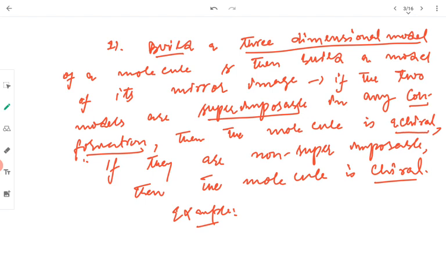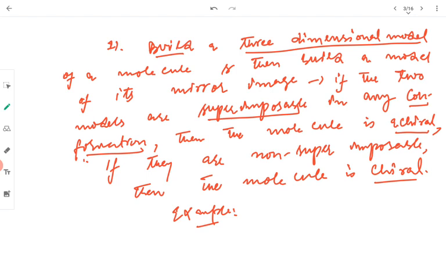Superimposability and non-superimposability, I have discussed this topic in great detail in the previous lectures. So if the two models are superimposable in any conformation, then the molecule will be achiral. And if they are non-superimposable, then the molecule will be chiral. Right? So I will give you some examples by which this can be clear.